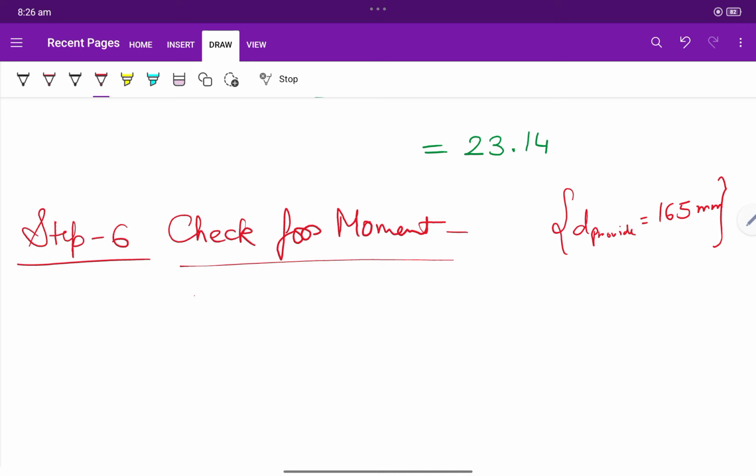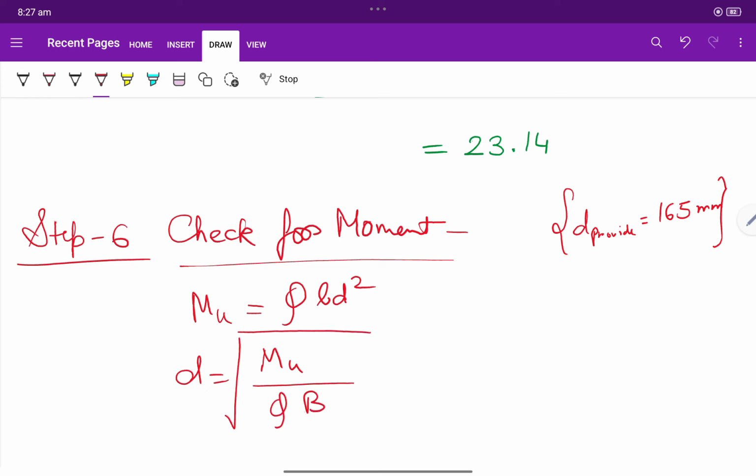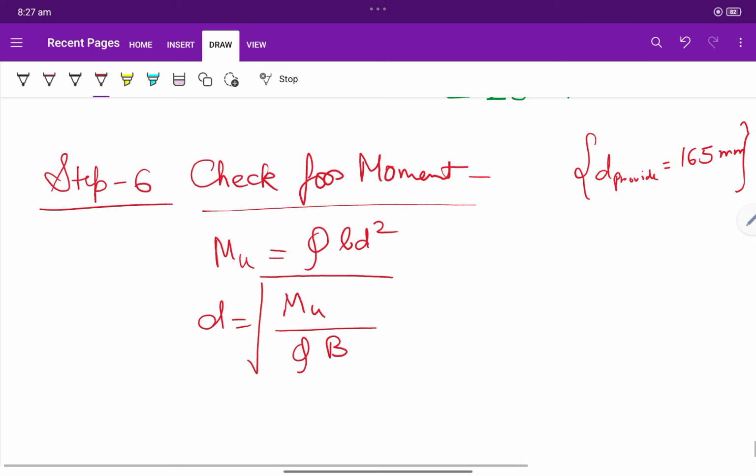The ultimate moment formula is Q b d square, where Q for Fe415 is 0.138 fck. So d will be Mu divided by Q into b. Small b or capital B doesn't matter, the thing is the same.